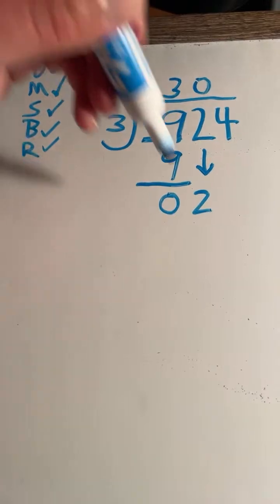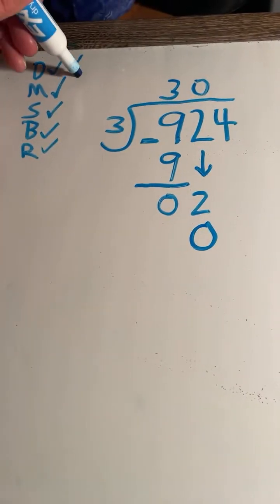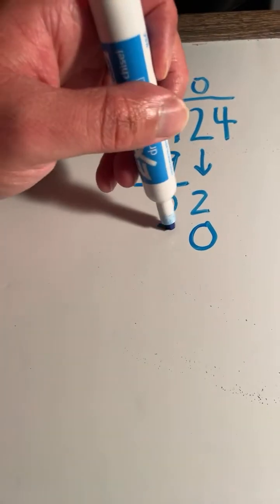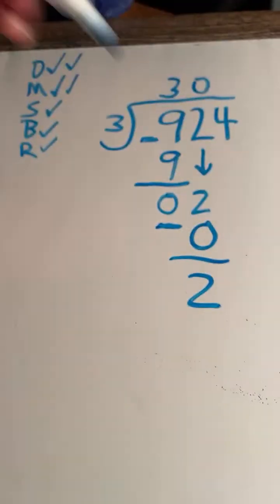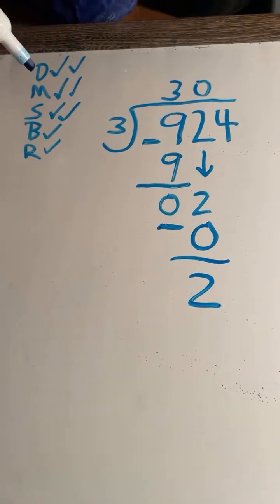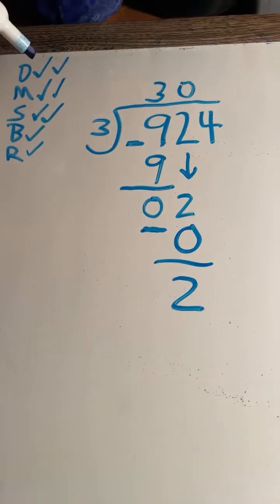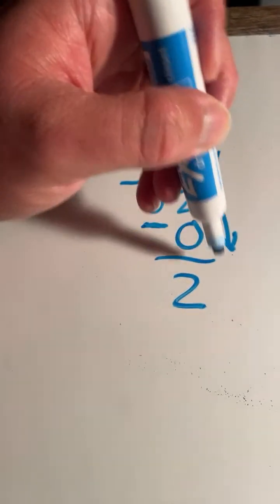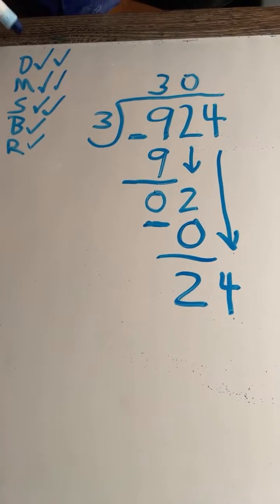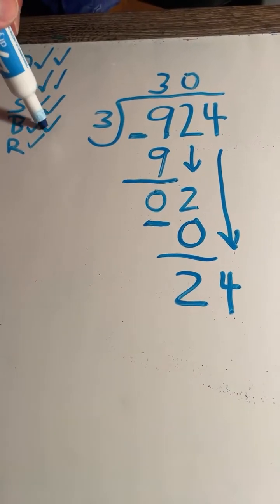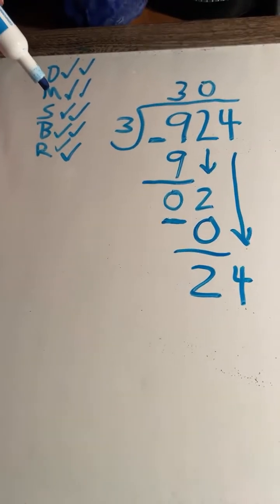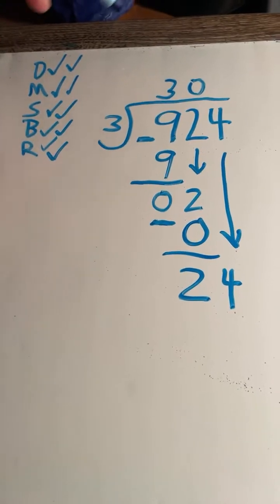Next, we multiply. 0 times 3 equals 0. Next, we subtract. 2 minus 0 equals 2. Next, we bring down. That 2 becomes 24. Now we repeat. 24 divided by 3 equals 8.